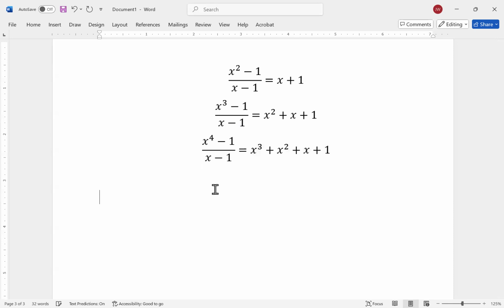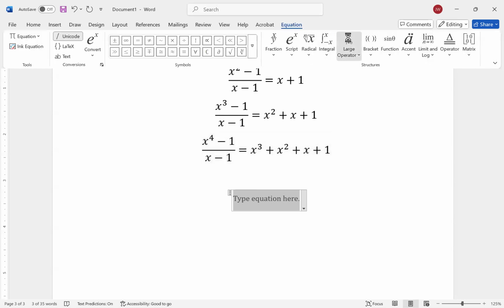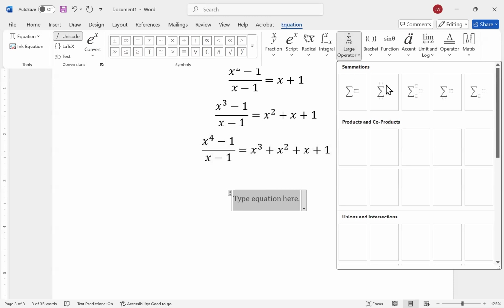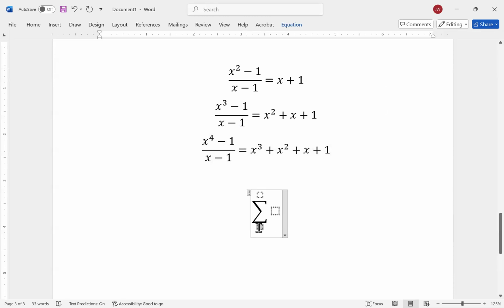So in general, if I have some summation, let's actually get a summation. Let's say I go from n equals 1 to 16 of x to the nth power.